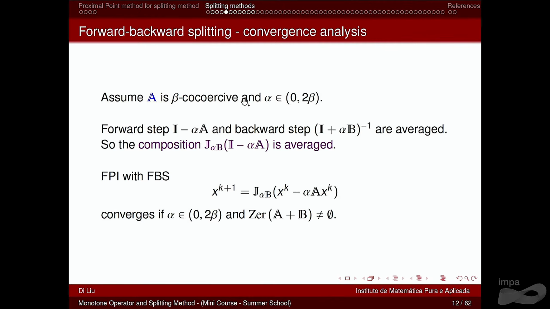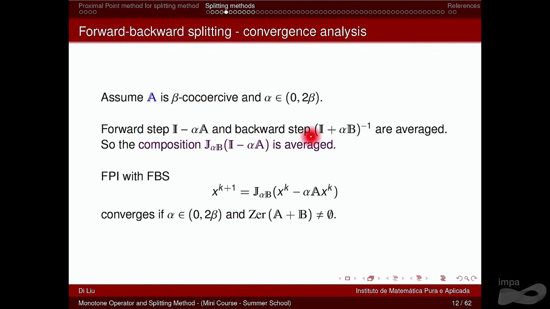If we use the fixed point iteration with the FBS to solve the inclusion problem, the question is, when will it converge? We need some other assumptions. Here, we need to assume that A is beta cocoercive. Why? If A is beta cocoercive, as we have mentioned before, this forward step, identity minus alpha A, is averaged.